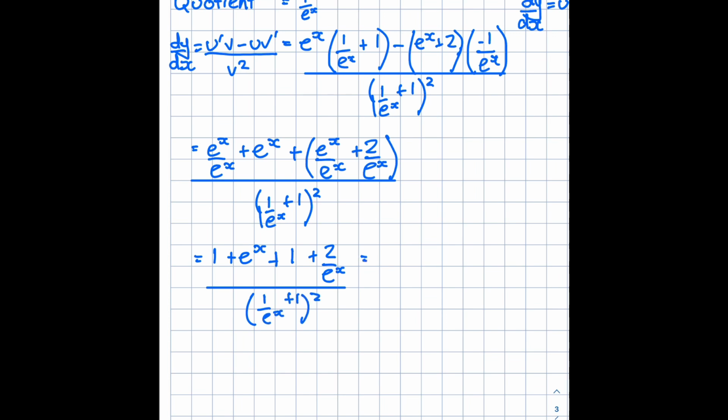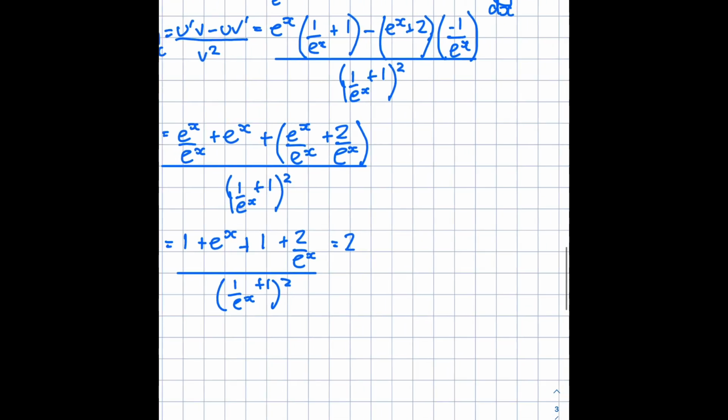Let's just clean this up a little bit. I'm just going to leave it for a minute. So I'm going to write this as 2 plus e to the x plus 2 e to the negative x, over 1 over e to the x plus 1, squared.